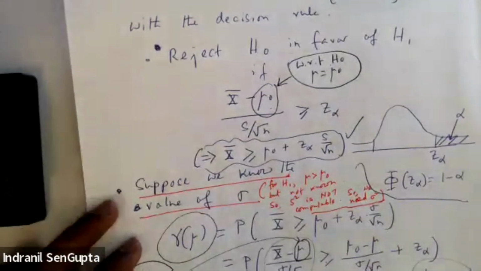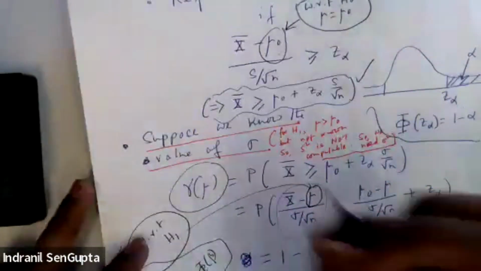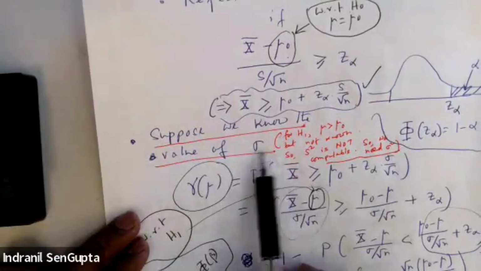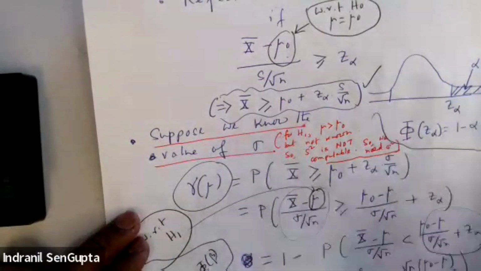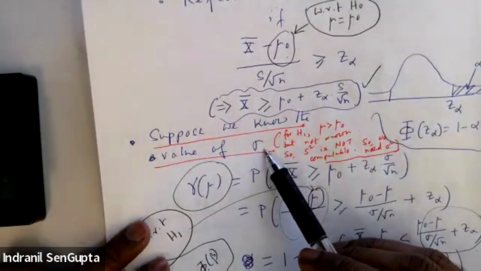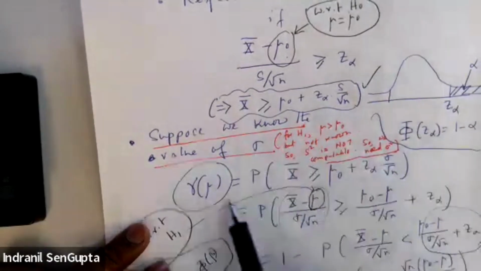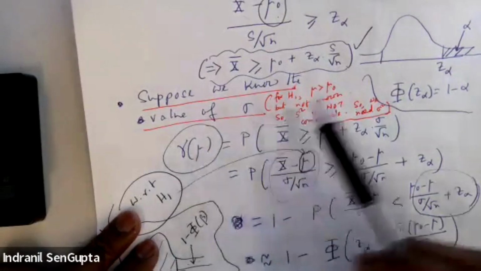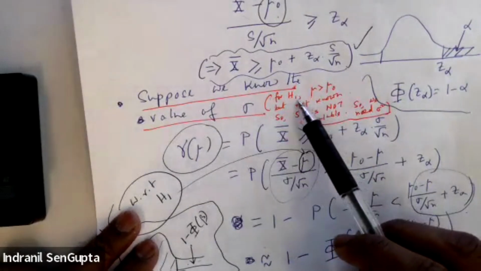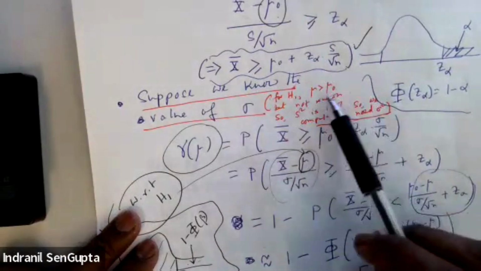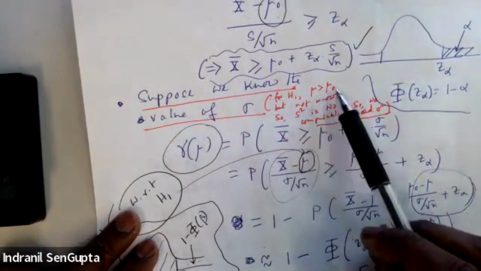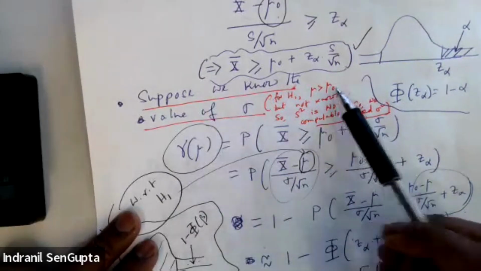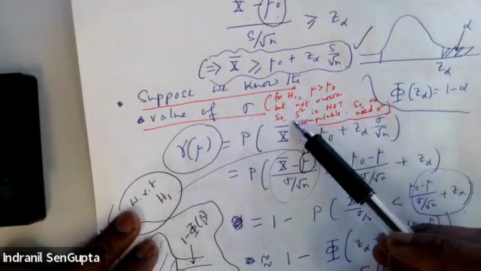What I forgot to mention last time is that we supposed we know the value of sigma. Why is it necessary? Because I'm trying to compute the power of a test, which is under the alternative hypothesis, and under the alternative hypothesis we don't know what this mu is. Under the null hypothesis, mu is mu sub zero, but under the alternative, mu is bigger than mu sub zero. So how do you compute S squared?